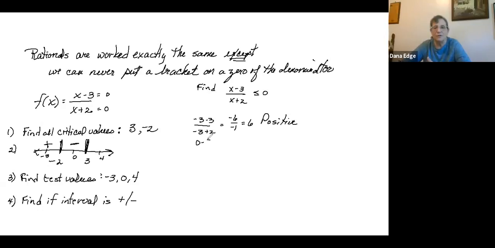In other words, 0 minus 3 over 0 plus 2 is negative 3/2, which is negative. And plugging in 4 minus 3 over 4 plus 2 is 1 over 6, which is positive. So for less than or equal to 0, I'm looking for negative.